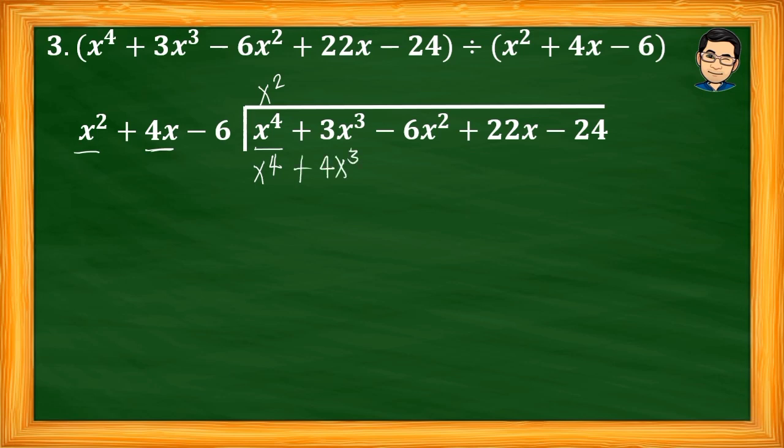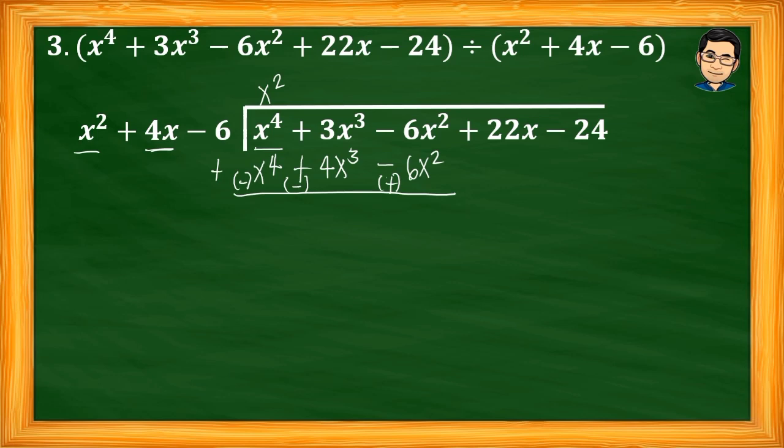X squared times negative 6, that is negative 6x squared. Ayan. Tapos, we subtract. So, ito magiging negative, negative, and then ito magiging positive. Then magiging plus. So, x to the 4th power plus negative x to the 4th power, that is 0.